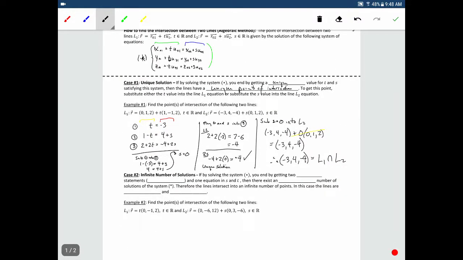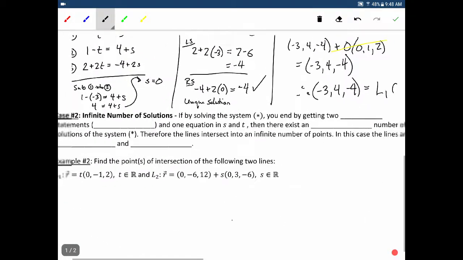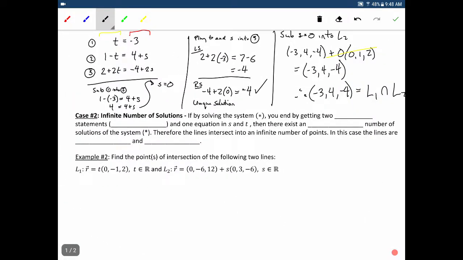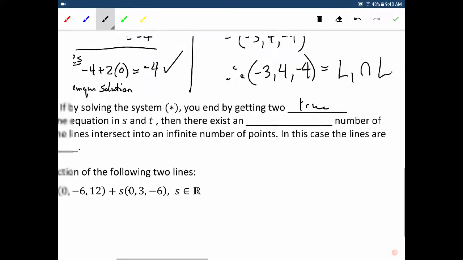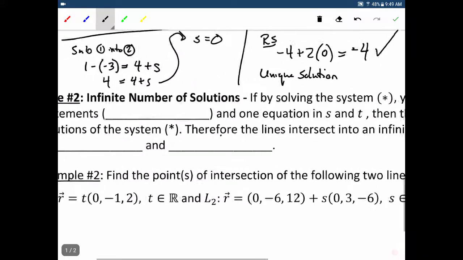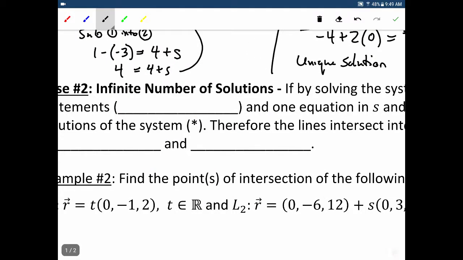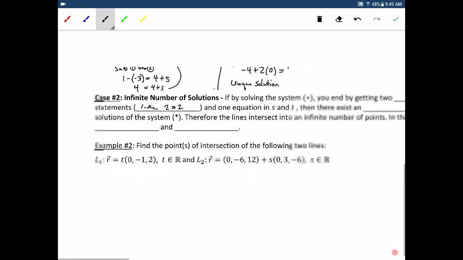Okay? So the next case we're going to look at is when there's an infinite number of solutions. So, if by solving this system you end by getting 2 true statements, so for instance, like 2 equals 2, okay, that's obviously true.